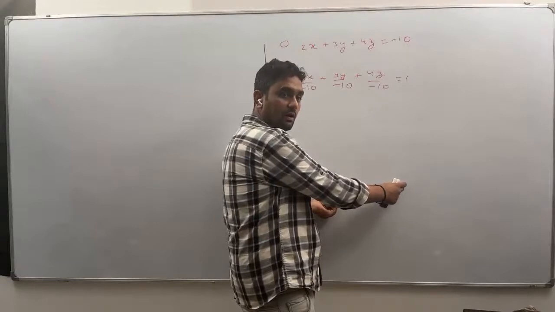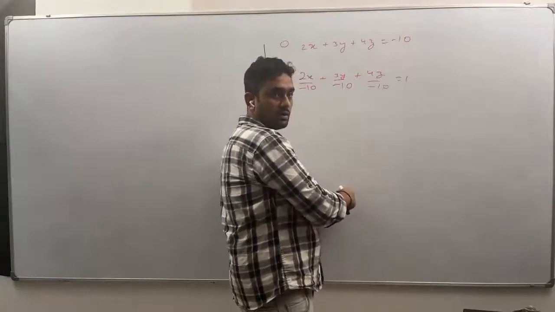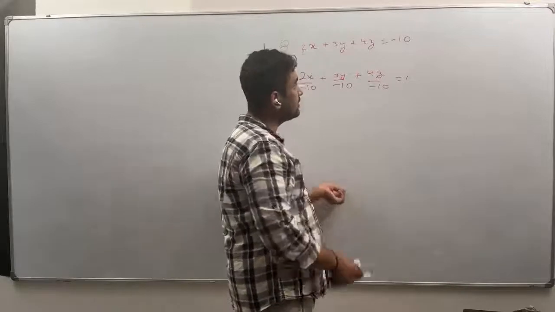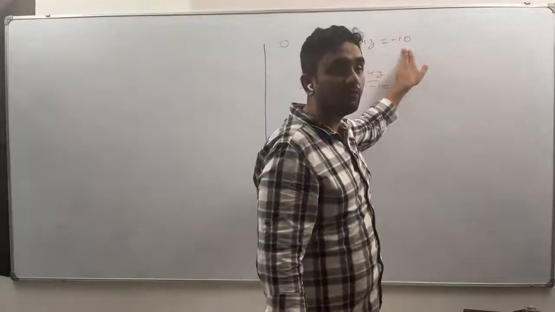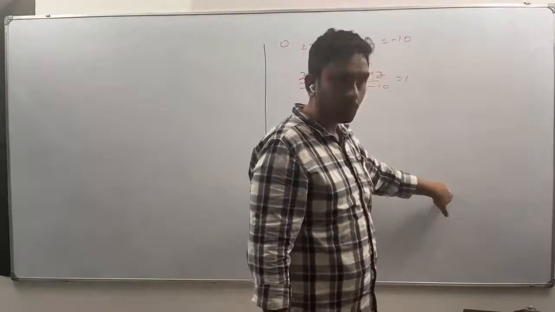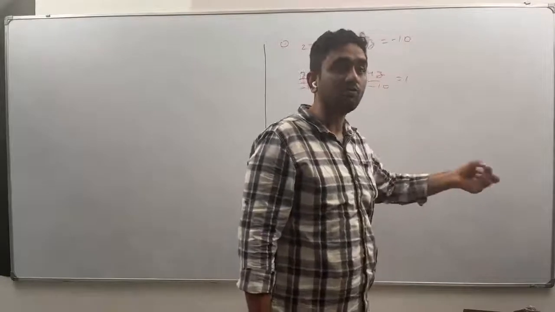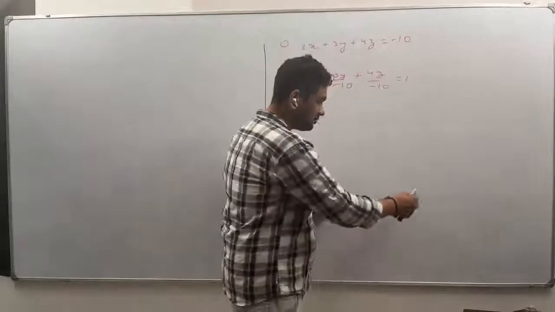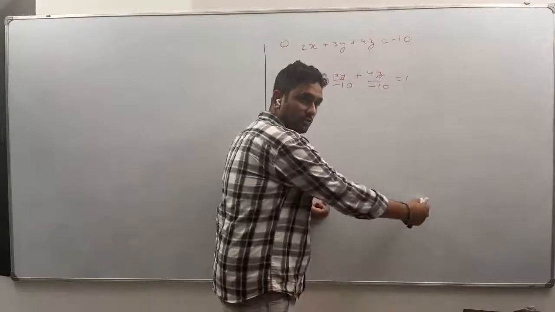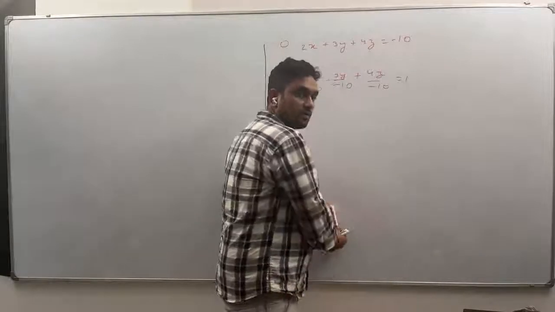So the dot product is this. The dot product has some value because this point is a position vector, so first take the position vector of this point, then dot with the normal.